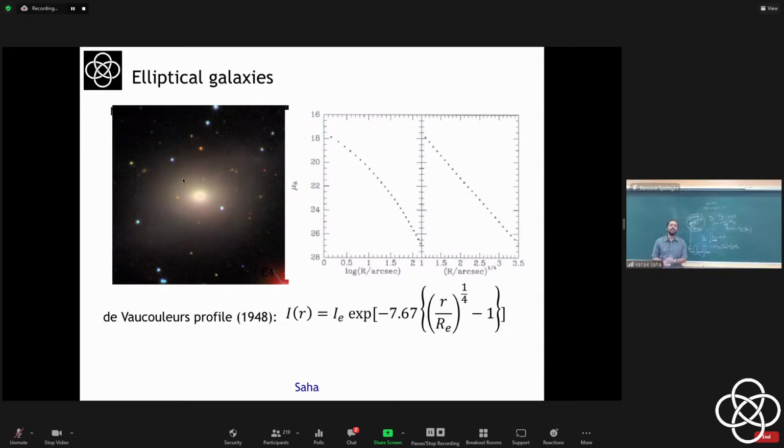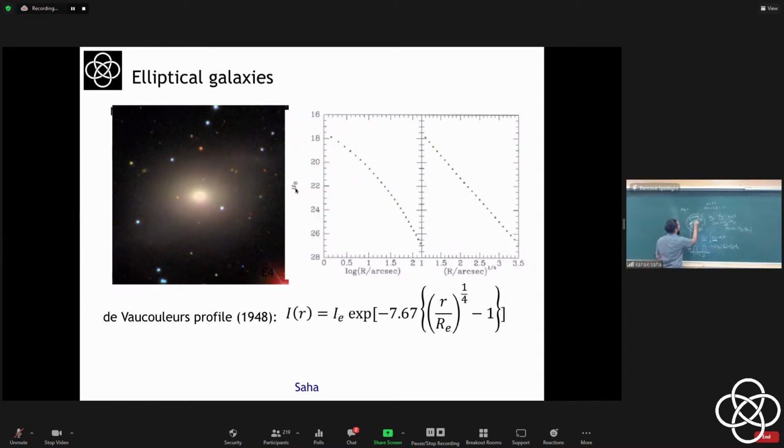So you can see the elliptical galaxy here, and on the right side plot, this is plotted as a log of R, and this is mu B. Mu B means surface brightness in the B band, the blue band, among B, V, R, I. It's like an apparent magnitude, so minus 2.5 log of I total.